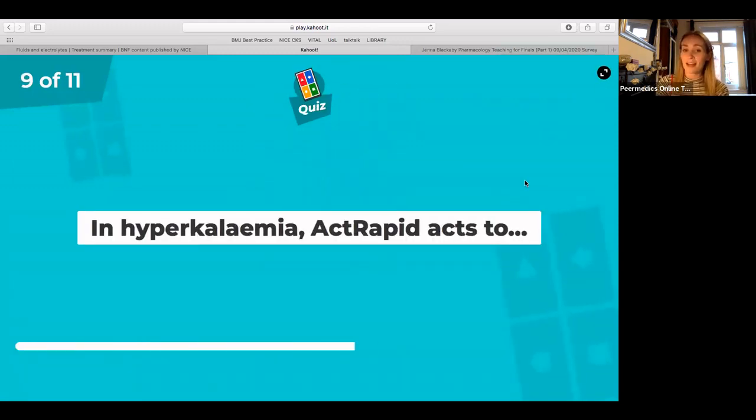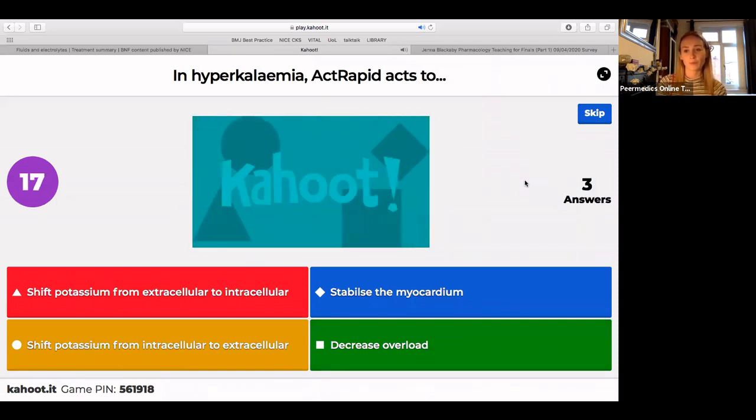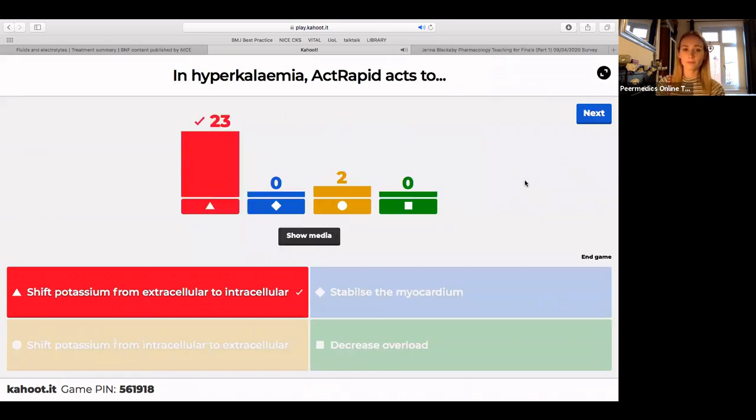Also in hyperkalemia, Actrapid then acts to do what? Yeah, brilliant. So it shifts the potassium from the extracellular to the intracellular. So I was a bit mean there and did the thing where they do the opposite. Just make sure you know that it's going into the intracellular compartment.